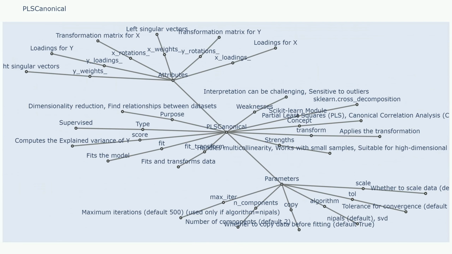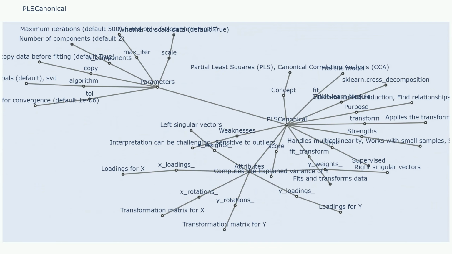3. Mathematical formulation. X: input matrix for the first dataset, N samples by N features X. Y: input matrix for the second dataset, N samples by N features Y. WX: weights for the X features, N features X by N components. WY: weights for the Y features, N features Y by N components. TX: scores for the X dataset, N samples by N components.